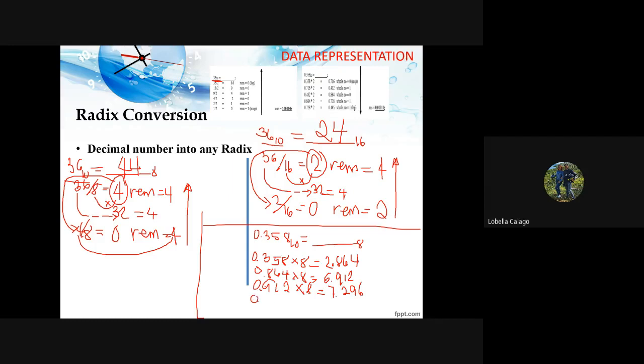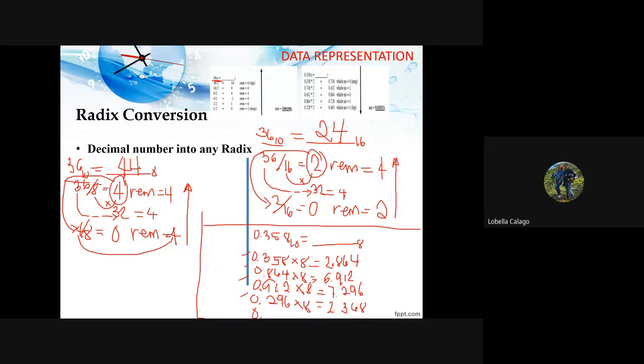Ngayon, si 0.296 times 8. Times 8 natin uli, we have 2.368. Count natin, ilang beses na? 1, 2, 3, 4. So, kulang pa.